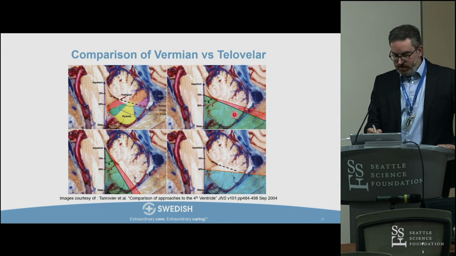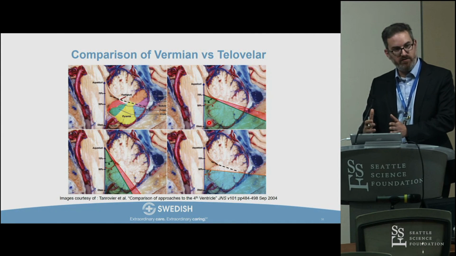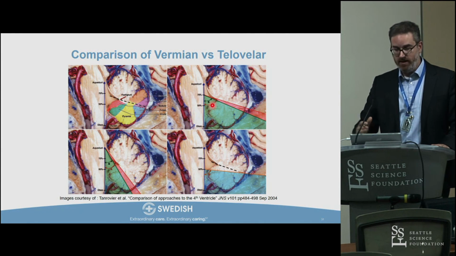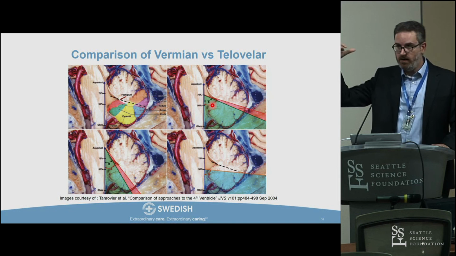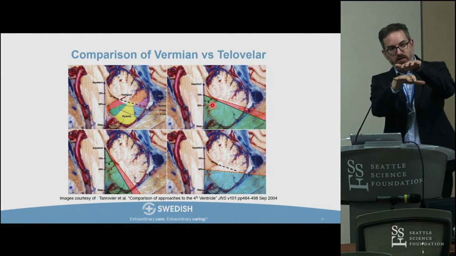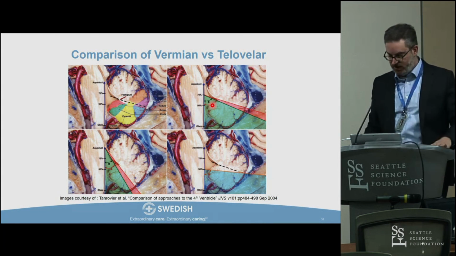And when you go transvermian, that's actually the green shown here because you're limited in how far up you can split the vermis. So when you go telovelar and you're slightly off midline and kind of going around the uvula and the pyramid, you actually have a more shallow angle of attack than you do splitting the vermis and trying to sneak in through an enlarged obex.